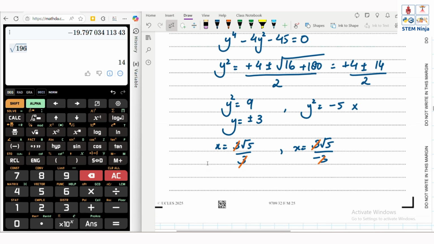However, we get 2 points. So root 5 plus 3i and minus root 5 minus 3i. So these are the square roots.